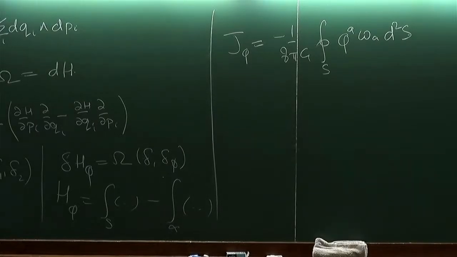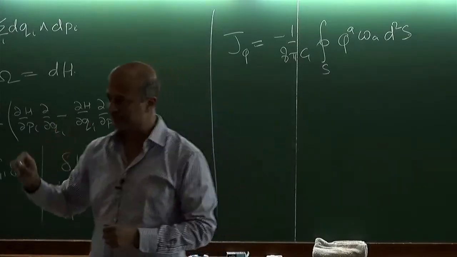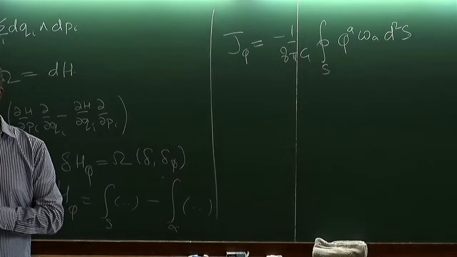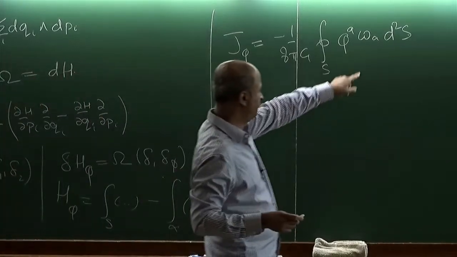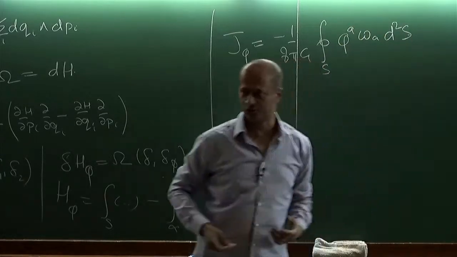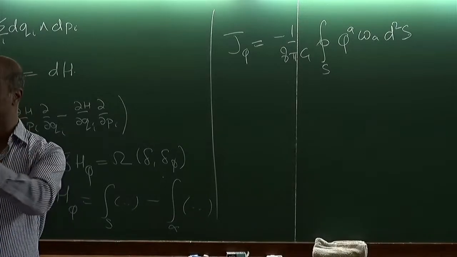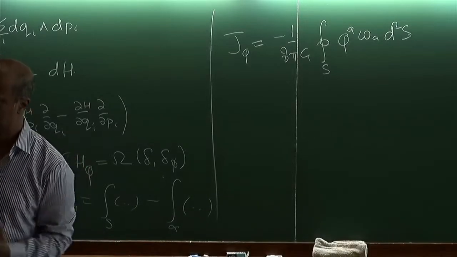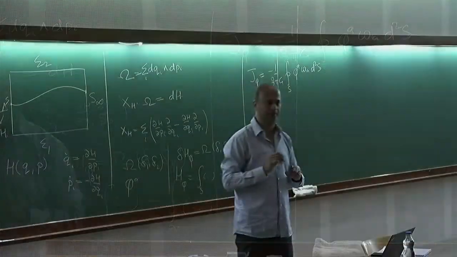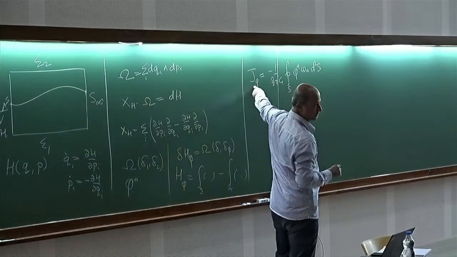So it turns out remarkably that this one-form omega that we talked about so much is the thing that determines the angular momentum. I take the component of this one-form omega along phi and integrate that over any cross section of the horizon. And you can be sure it doesn't matter which cross section, as long as it's a complete sphere. So it's an invariant, there's no ambiguity in that. So this is then the angular momentum of the horizon.